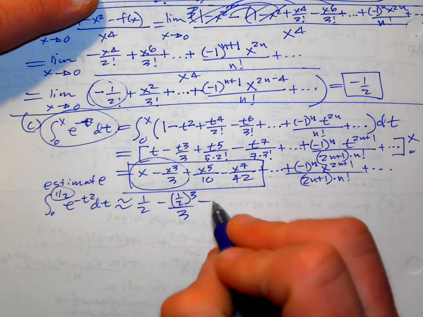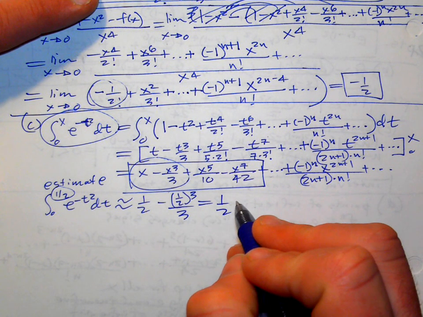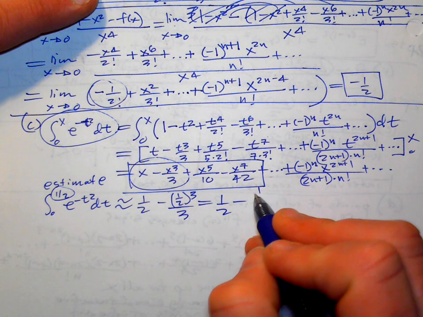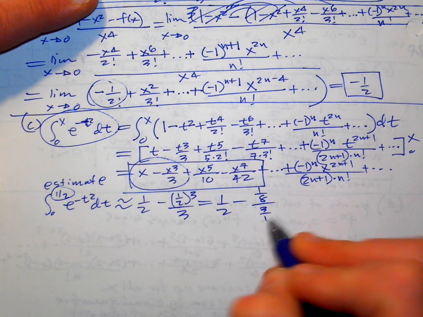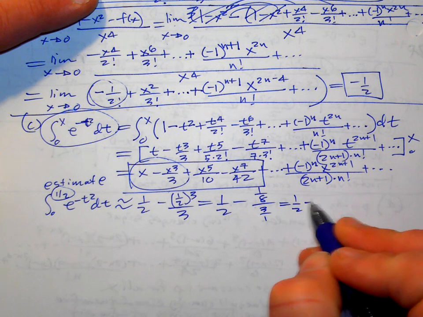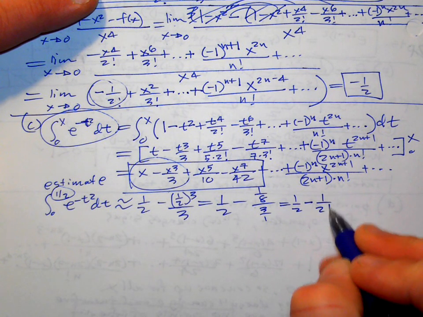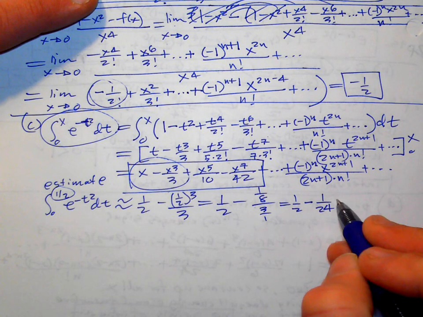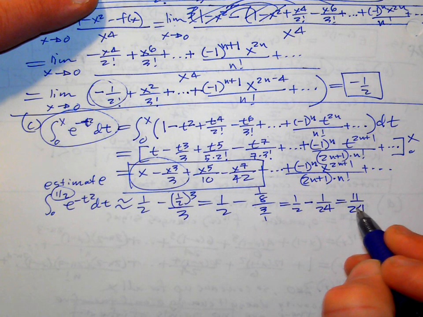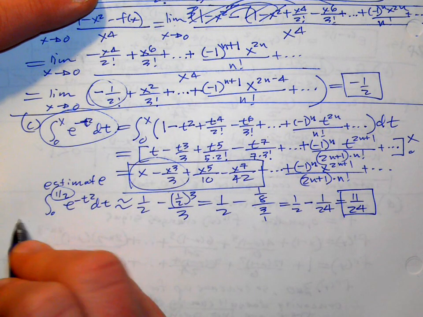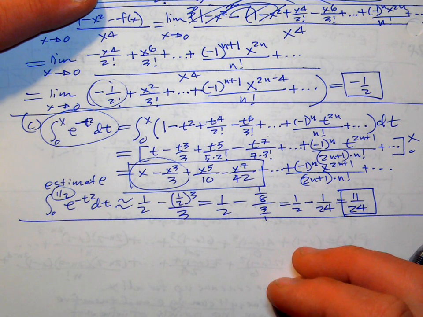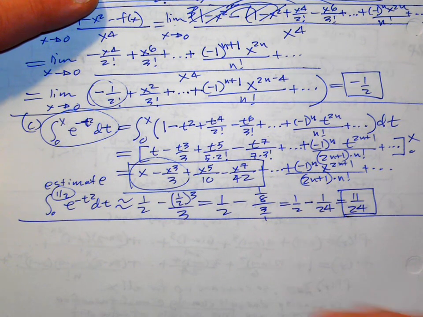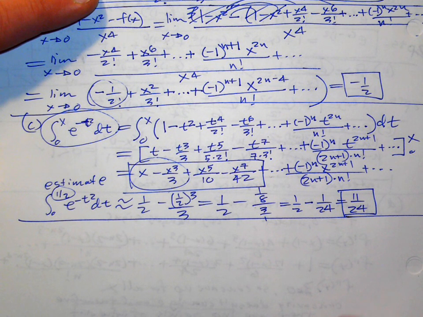That's your answer. We could simplify it. Minus 1/8 over 3, 1/2 minus 1/24, 12 over 24 minus 1 over 24, 11 over 24. So we use series, Taylor polynomials, just a certain number of terms to estimate exact answers.